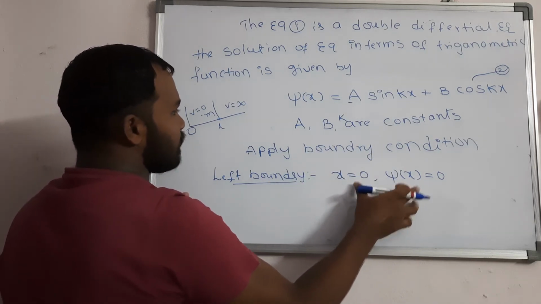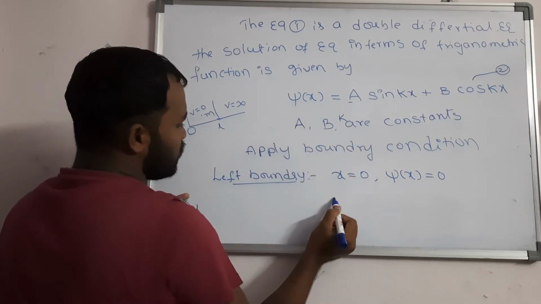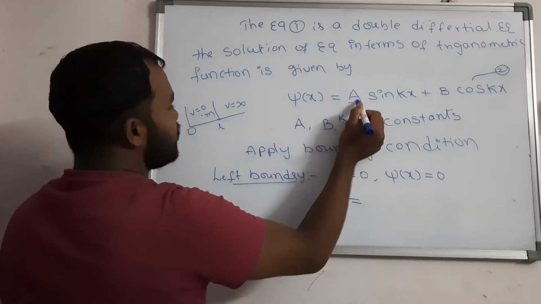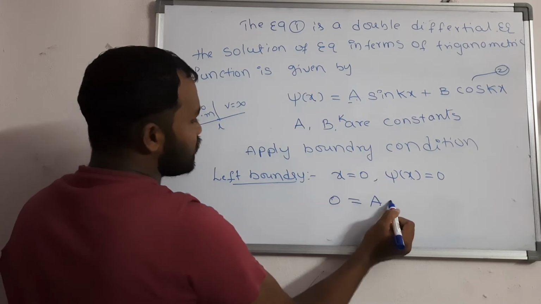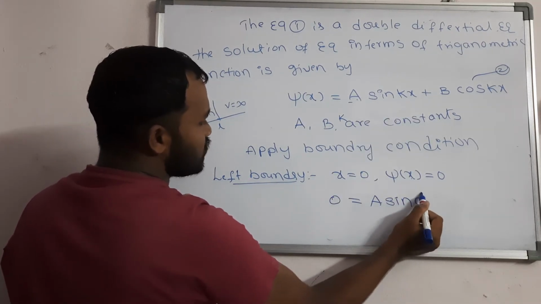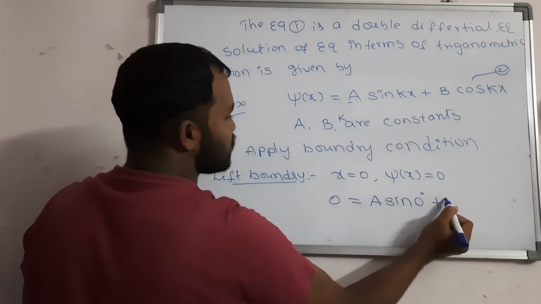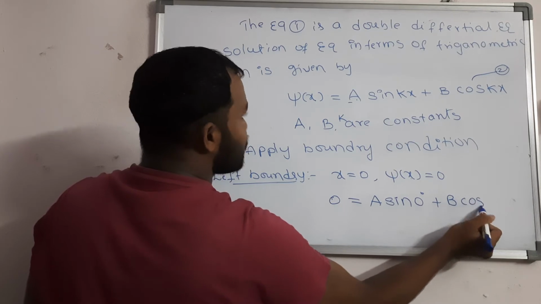Now substitute the values in equation 2. Psi of x is equal to 0, which is a into sin k into 0, plus b into cos k into 0.